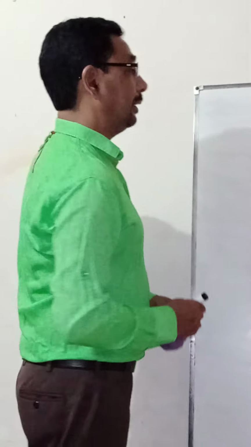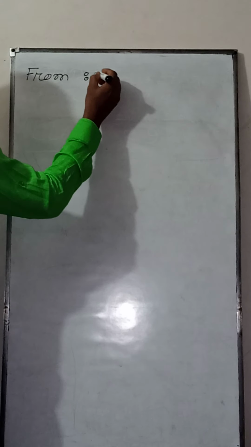You see, I have already said that an email has a separate address. First, what do we have to write in case of an email? First, you have to write From. From means where the email was written. Suppose you are Rohim.